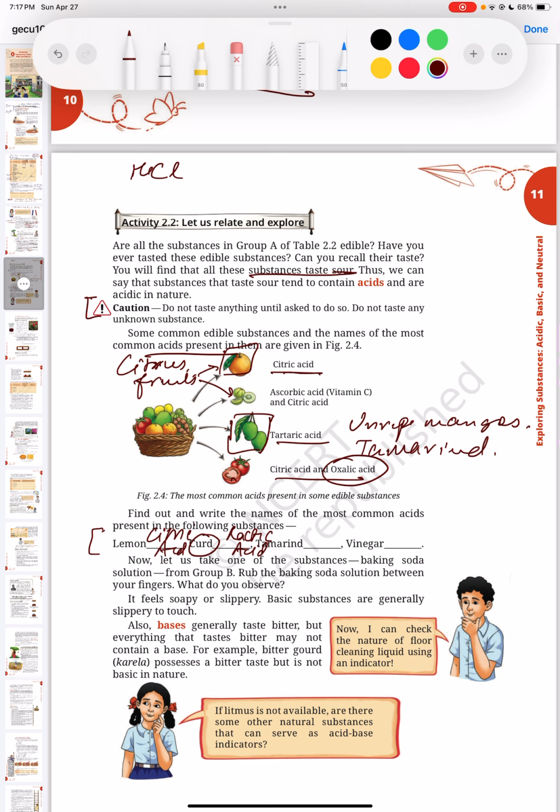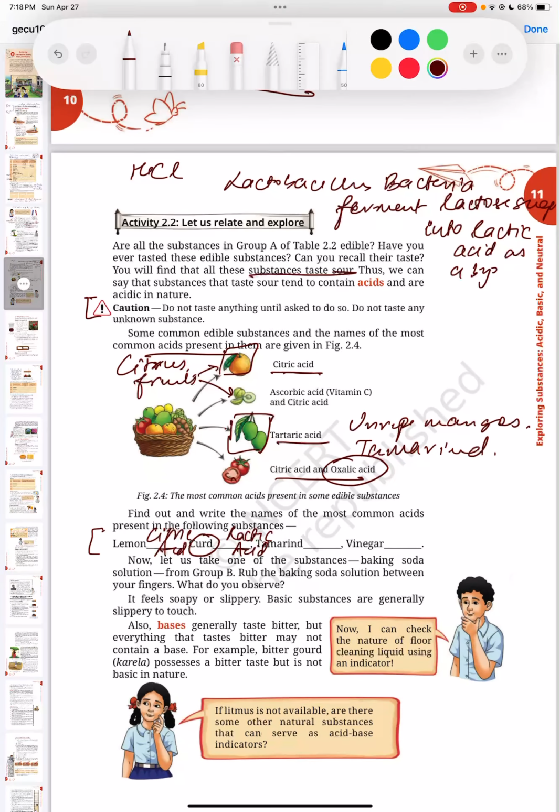So what happens is that the lactobacillus bacteria ferment lactose sugar, which is found in milk, into lactic acid as a byproduct, right? So basically what they are doing is respiration, they are burning this lactose sugar. But in the process it releases lactic acid as the byproduct.